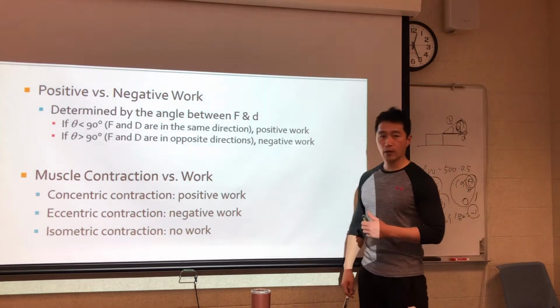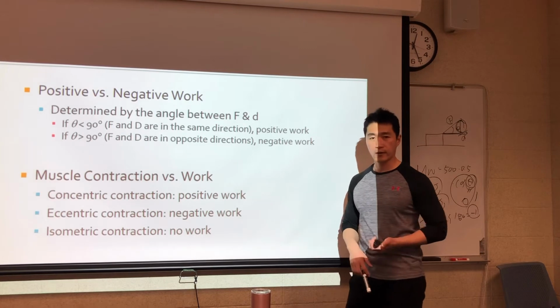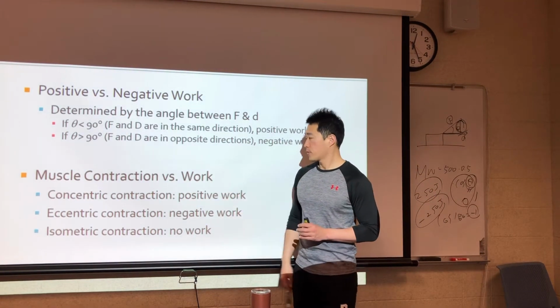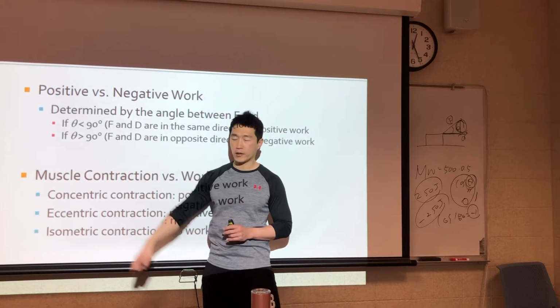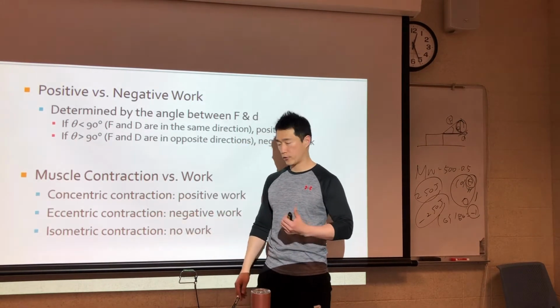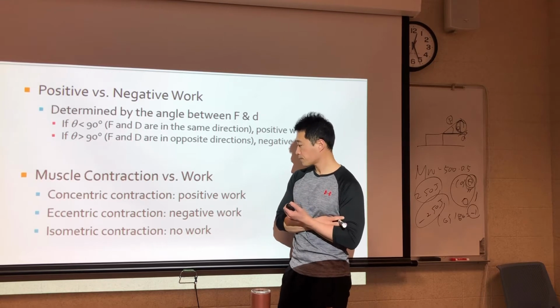Once you figure out the signs of mechanical work, you can relate that work to the muscle contraction. If you get positive work, which means theta is less than 90 degrees, it is related to concentric contraction. As you know, concentric contraction means your muscle fibers get shorter.